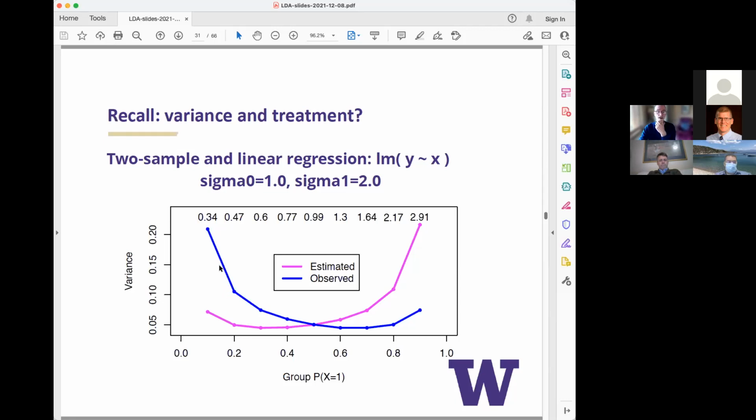And notice you get huge differences depending on which group is enriching the overall variance. If the group with the big variance is enriching the overall variance, then the estimated standard error is going to be too big. If the group that's contributing more has the smaller variance, then the estimated standard error is going to be too small.